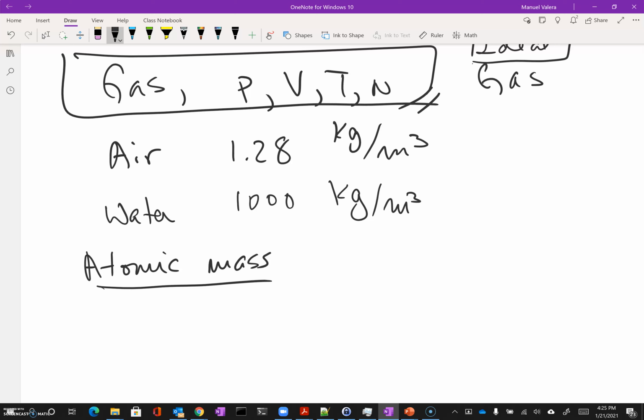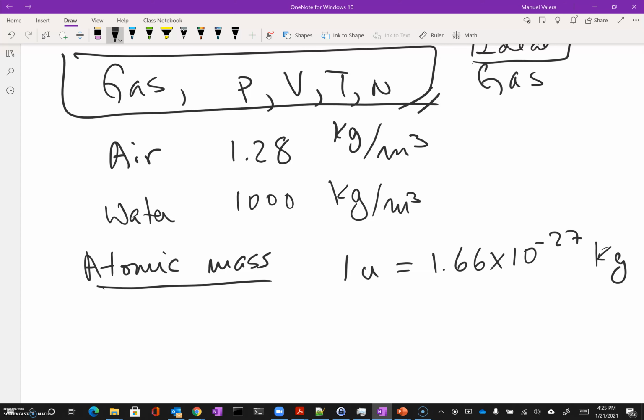And there is a unit for atomic mass, which is about the mass of one hydrogen atom. This is 1.66 times 10 to the minus 27 kilograms.